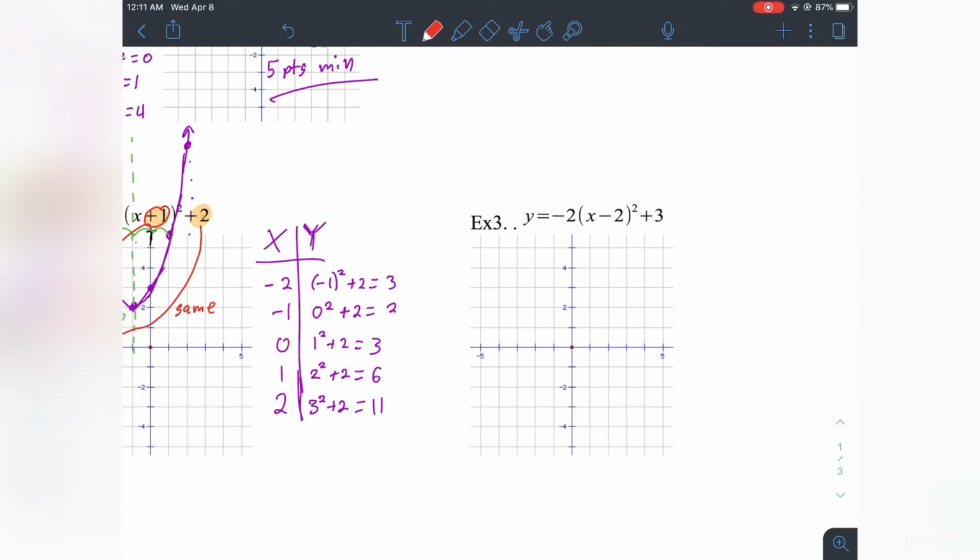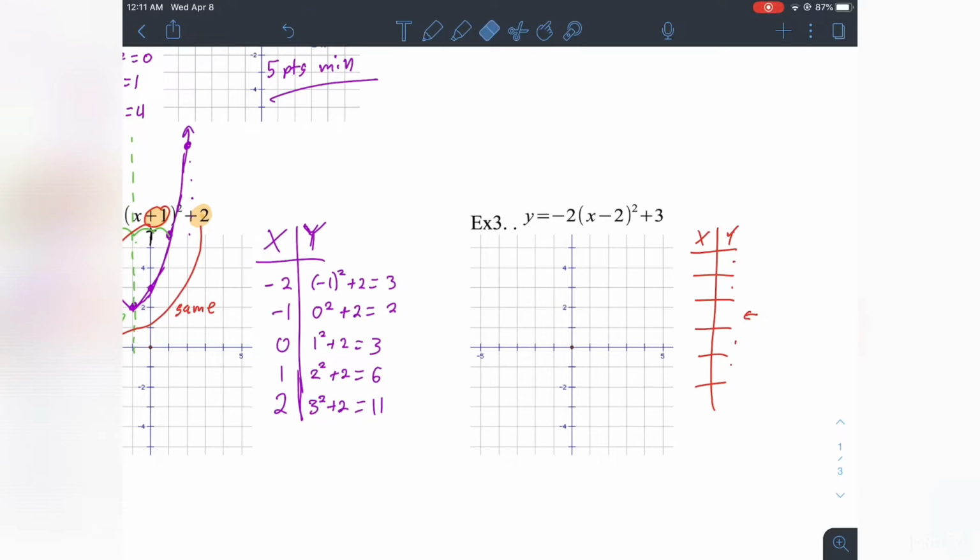So I'm arguing that for this parabola, the vertex, so you need to graph the vertex. That will go here. And you have 2 points on either side. So I didn't need this last one.